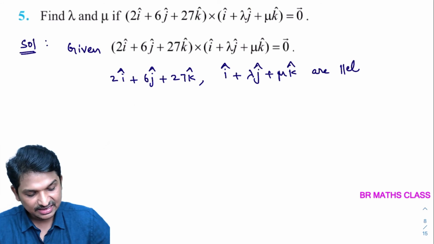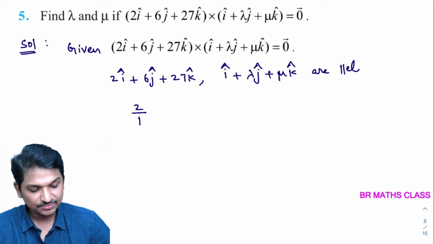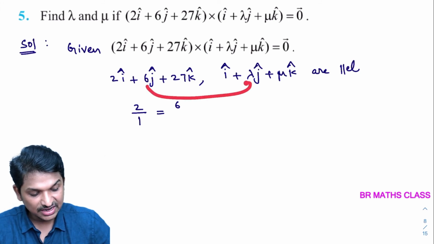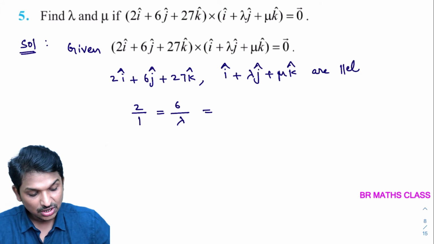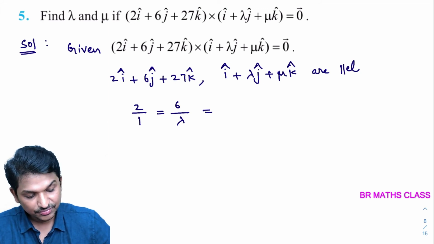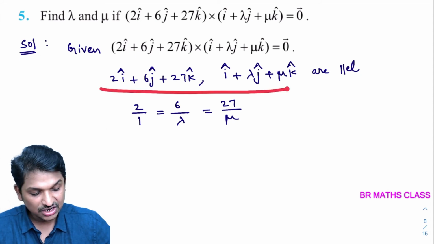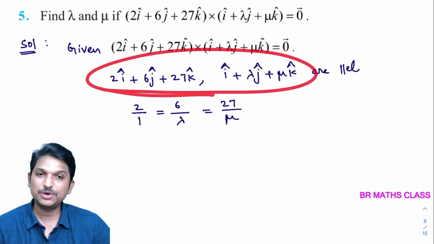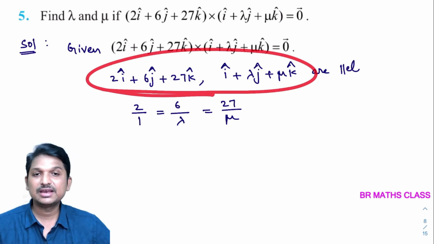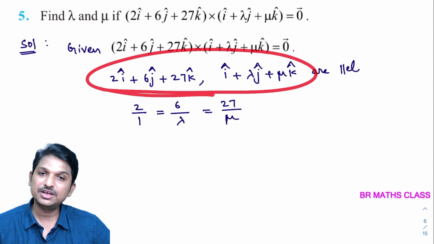I can write 2 divided by 1 equal to 6 divided by lambda, equal to 27 divided by mu. In the collinear vectors, parallel vectors concept, we learned this, right? If two vectors are parallel, corresponding scalar components are proportional.